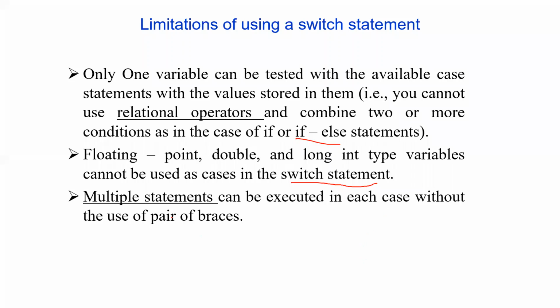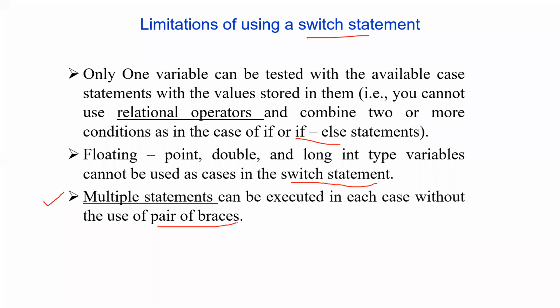One advantage is there for the switch case. If I have multiple statements to be executed for an if statement, we have to put curly brackets. Understood? Only one line, like a printf, means you can avoid using the curly brackets. But if you want to execute multiple lines for each case label in the switch statement, you can avoid using the pair of brackets.